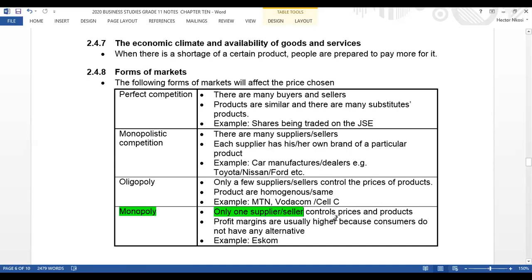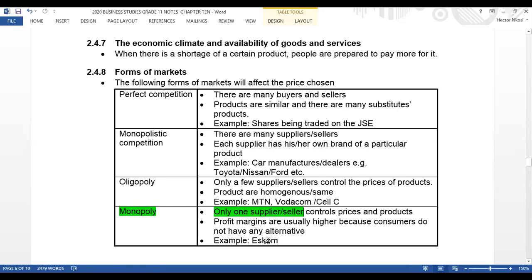Profit margins are usually higher because consumers do not have any alternative. So under monopoly, the profit margins are quite higher because this person does not have any competitor. Basically, this guy can do whatever he wants because he is the only one in the market, and therefore this person will be regarded as a monopoly.